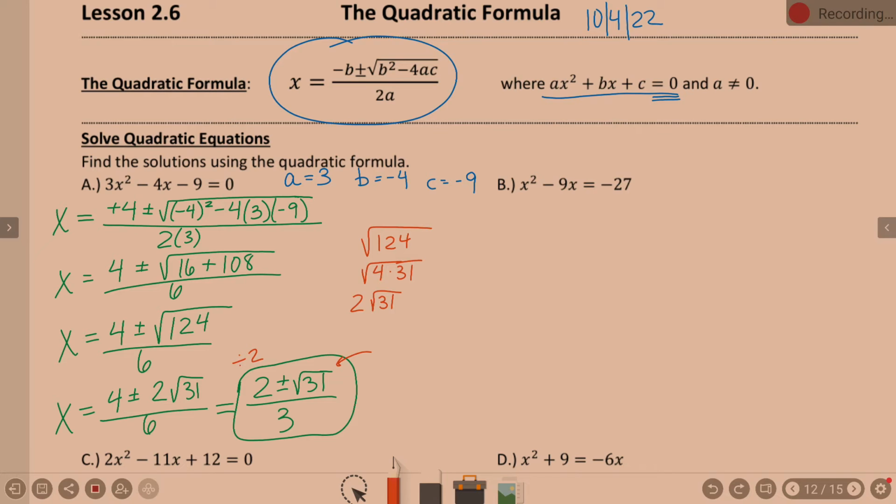If I put square root of 31 on my calculator, what do we get? 5 point something, I know that. 5.56776436, something like that. So I want you guys to realize this is a situation where we have 2 real solutions, but they are irrational solutions. And again, I'm sharing this information now because it will help us understand something later.